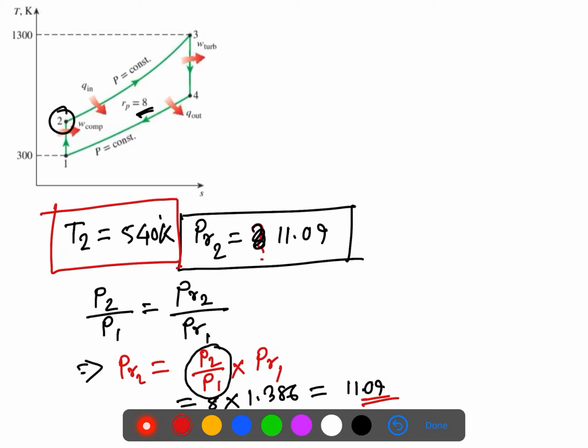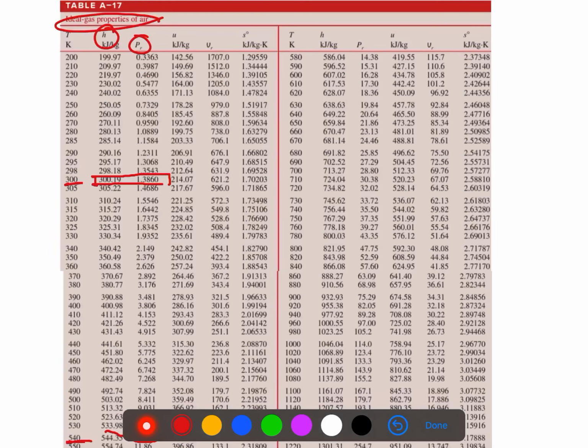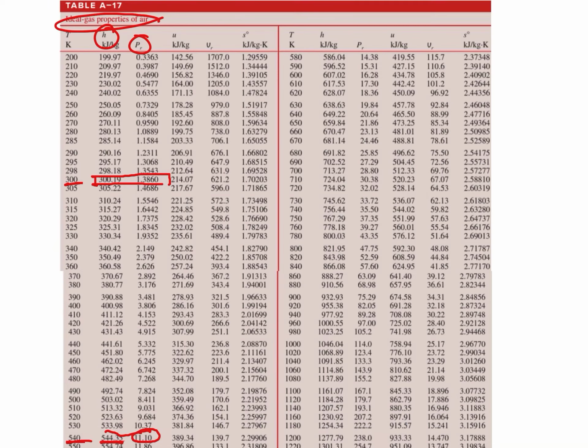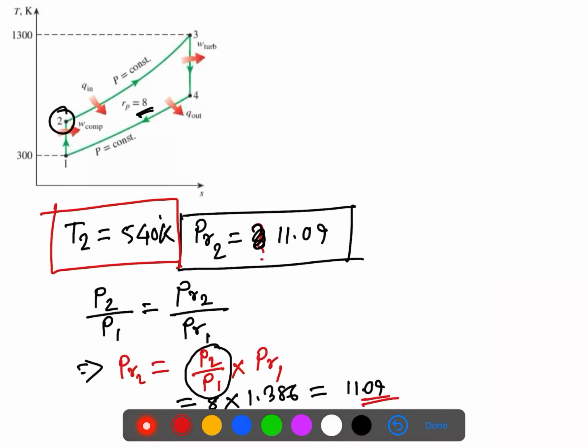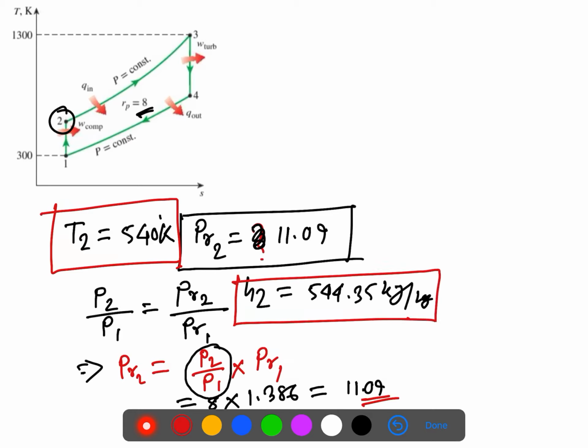So we got the temperature at the exit. I believe you understand, guys. Also we can see the enthalpy is 544.35. So we can write down for this value h2 is also 544.35 kilojoule per kg. So this is another value we need when we calculate the work input and the work output later on.